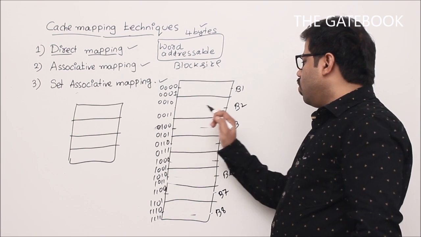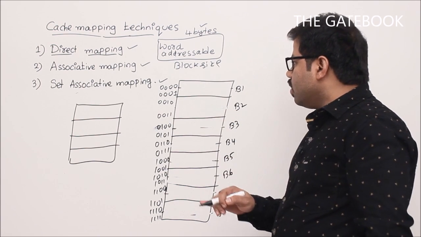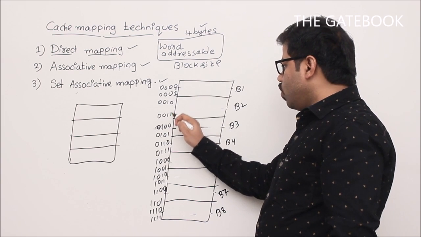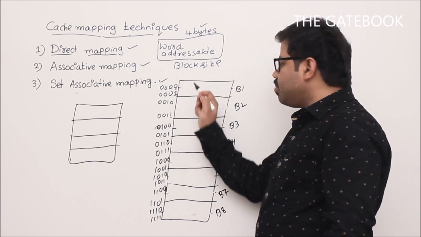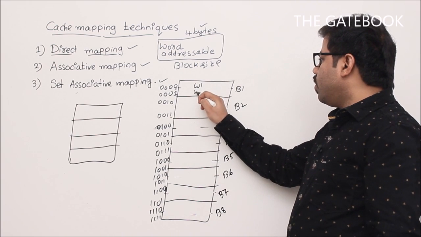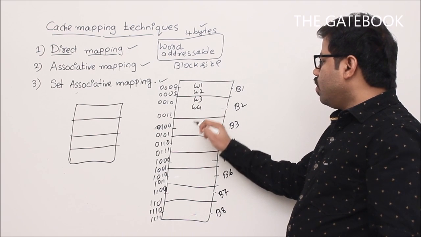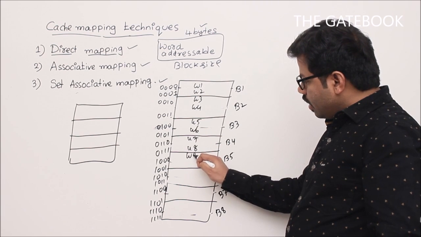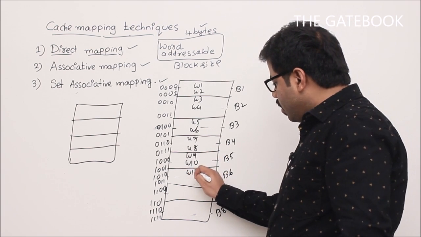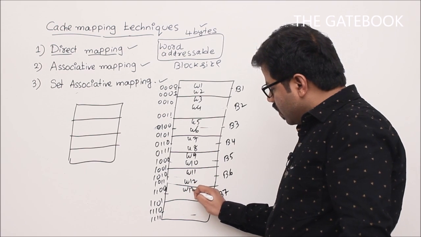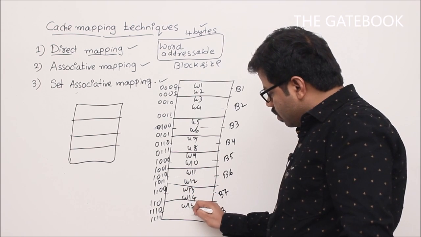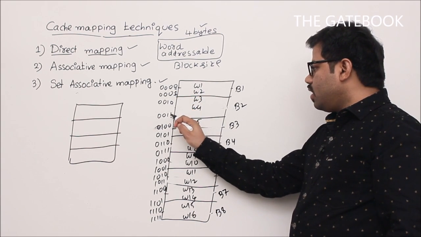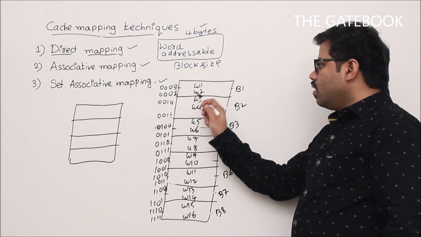So for mapping, if you see the last bit, 0, 1, 0, 1, it indicates the corresponding words, right? Word 1, word 2, word 3, and so on up to word 16. Now see, the last digit oscillates between 0 and 1, so we can use it for the word number.